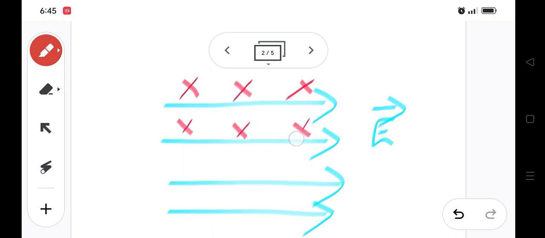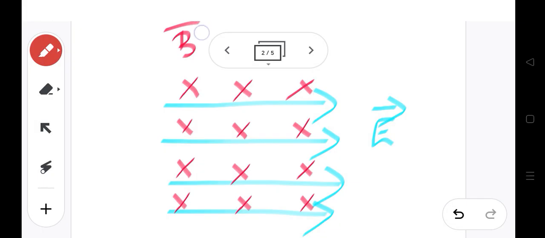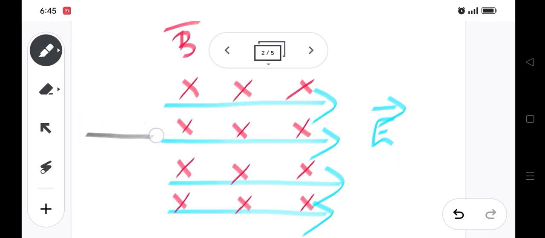So we have this magnetic field as well as this electric field perpendicular to each other. To this region, a charge q enters with a velocity v.